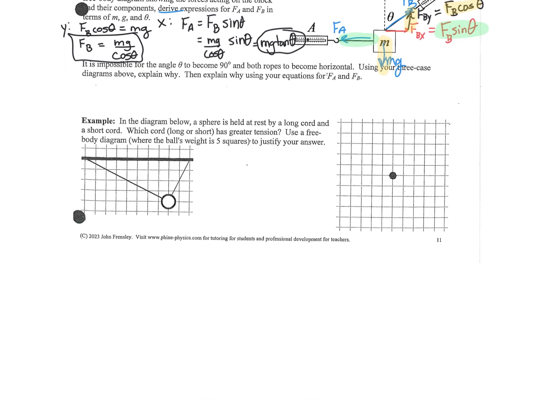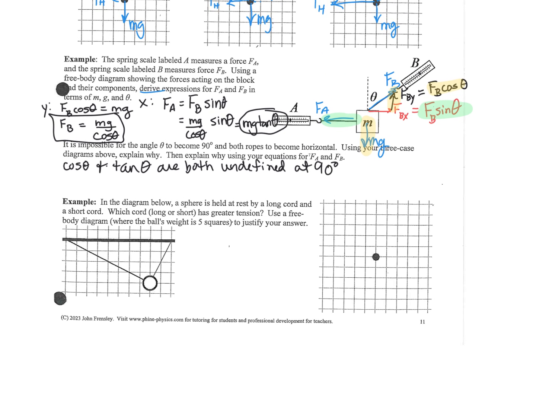Impossible for theta to become 90 degrees. F sub A and F sub B, well, what is the cosine of theta and tan theta? Both are undefined at 90 degrees.